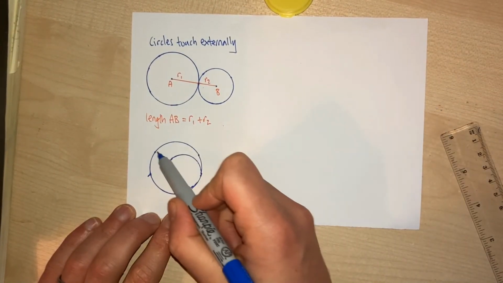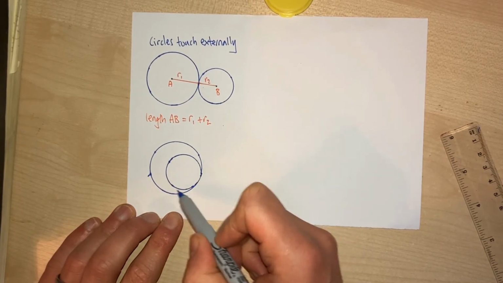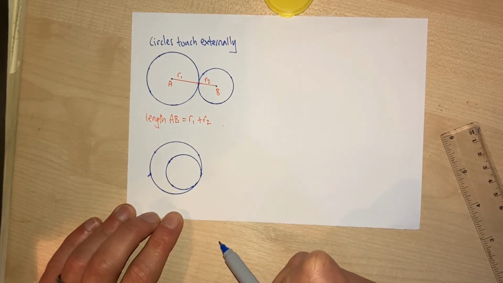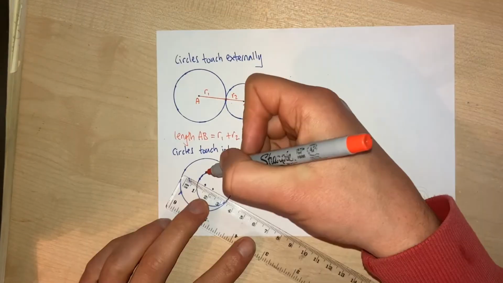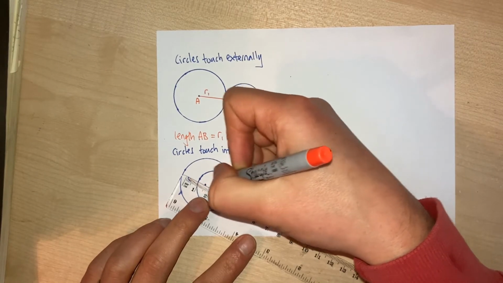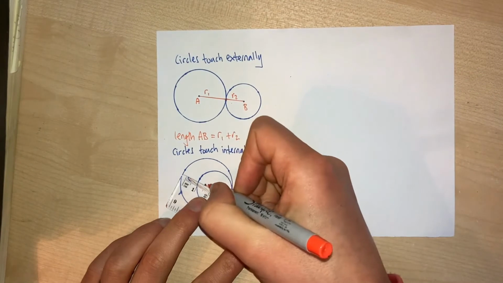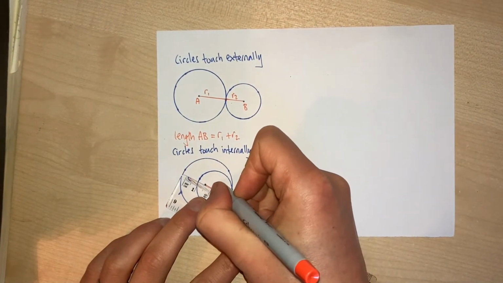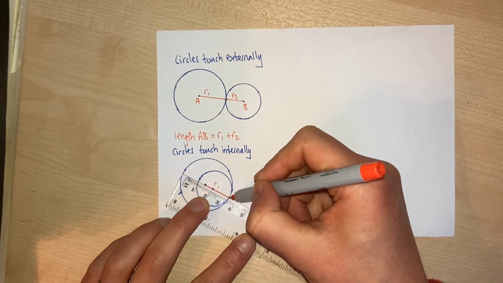Here, the two circles touch internally, that is they meet at one point where one circle is inside the other. Then what we have is the difference between the two radii equals the distance between the two centres of the circle. So we take the larger radius first, and we'll call that distance there R1, from the centre of the larger circle to its edge there.